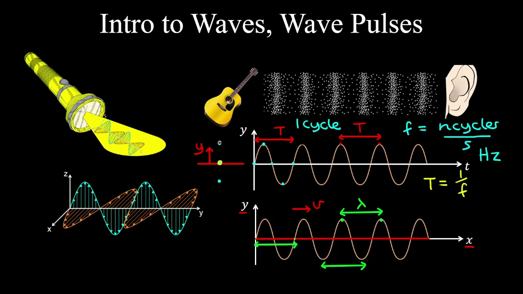Now another example of a wave is a sound wave. So for example, if these strings of the guitar are plucked back and forth, they're going to disturb the air particles around them. Then you get a wave propagating through air.